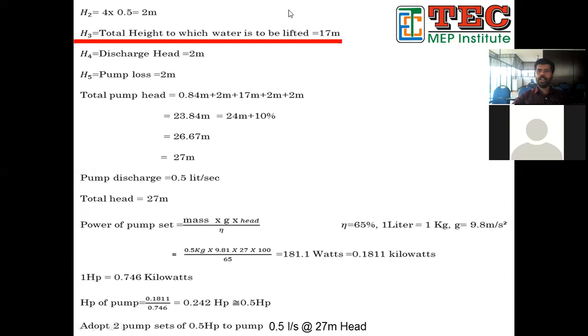Let me know what is the answer that you are getting in watts. Kindly find the answer and let me know.